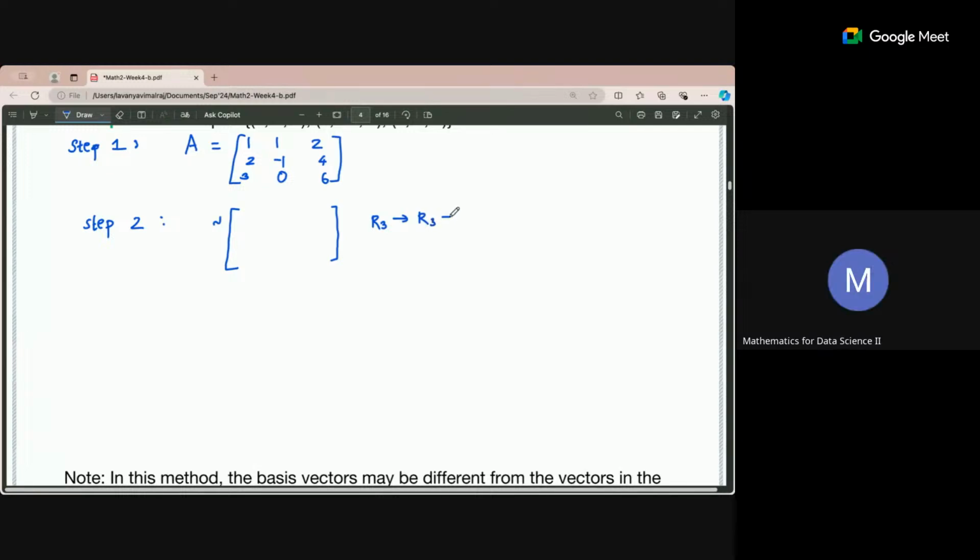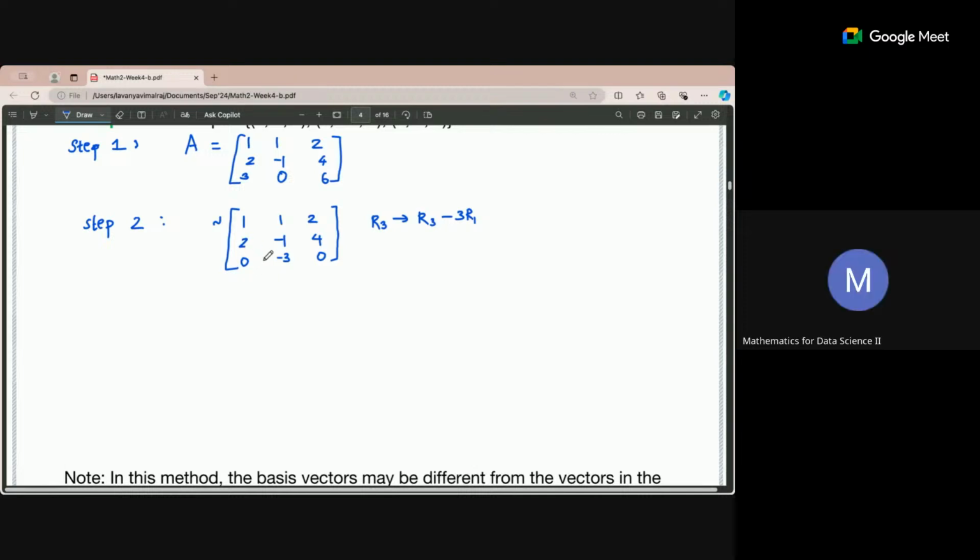So you will have 1, 1, 2, 2, minus 1, 4, and here this becomes 0, then minus 3, minus 3, and then 6, 0. Ma'am, row 3 is the addition of row 1 and row 2, so it will get 0, 0, 0 if we do that.